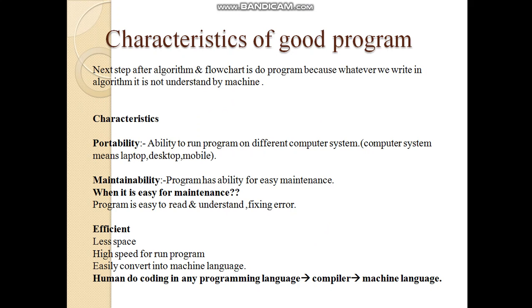Humans write code in their own language, for example Java, but that language is never understood by the machine. So it should be converted into machine language, and for the conversion we use a compiler. Easy conversion into machine language is a very important characteristic of a good program.